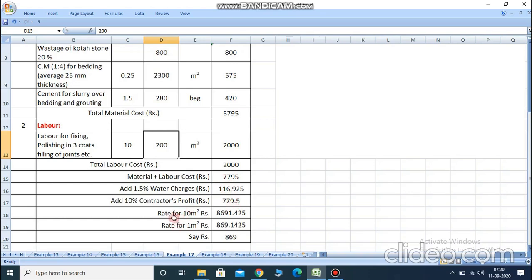Now the rate for the 10 meter square area of quota stone is the summation of 7795 plus these two values, and we got 8691.425. So per meter square rate is 8691.42 divided by 10, which gives 869.14, and the rounded figure is 869.